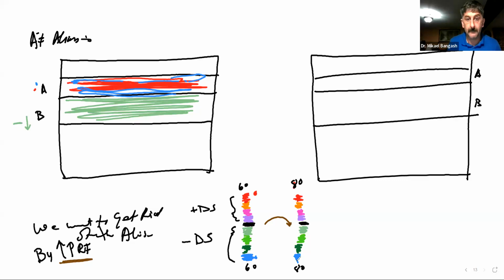So what may happen is that the aliasing color here is going to disappear, so now you don't have aliasing anymore. Did that make sense? Yes.